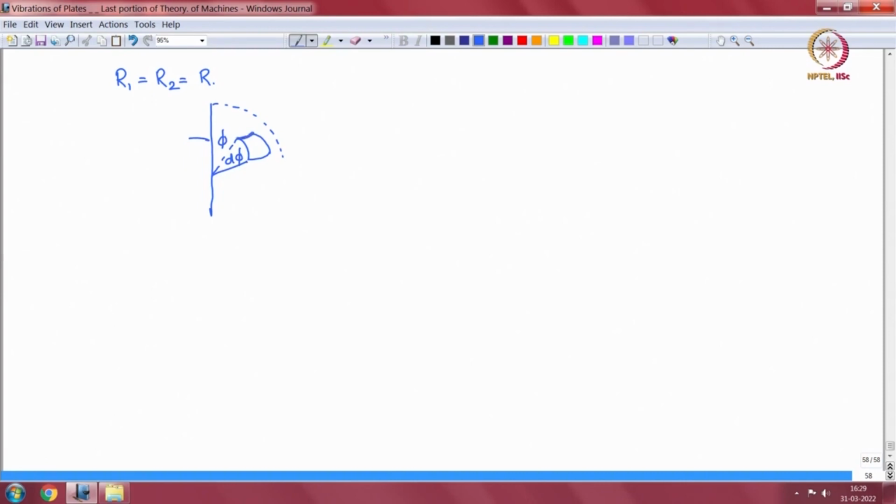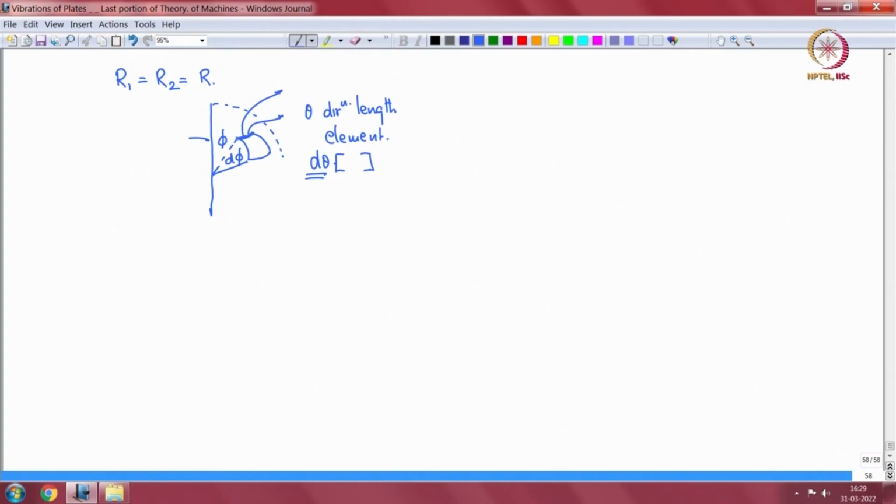What is the length element for that along the theta direction? The angular change is d theta, but you need something to make that a length.